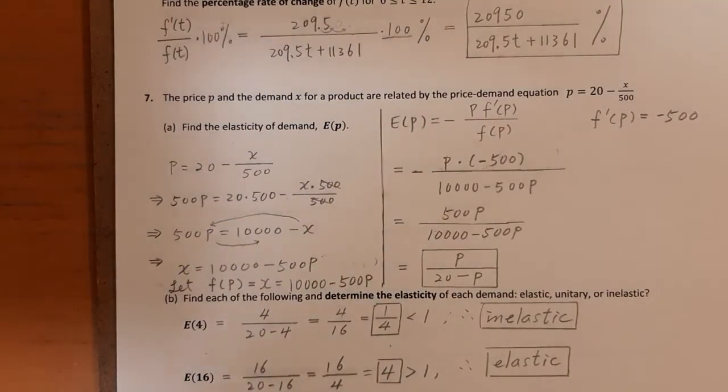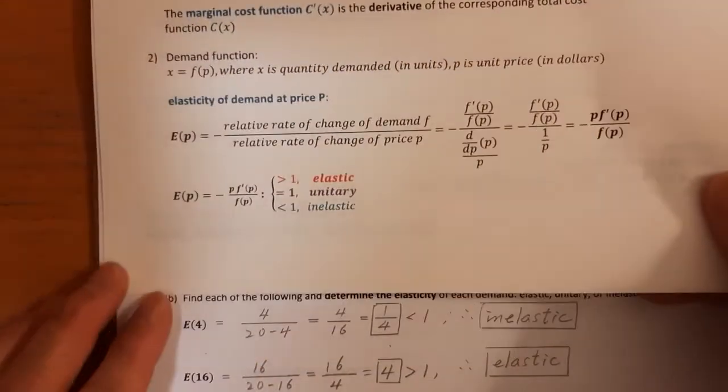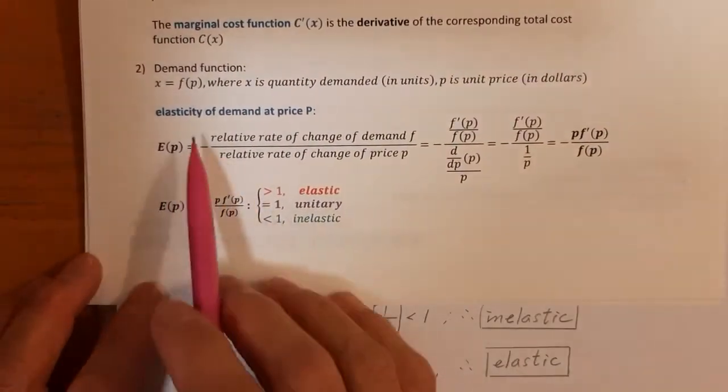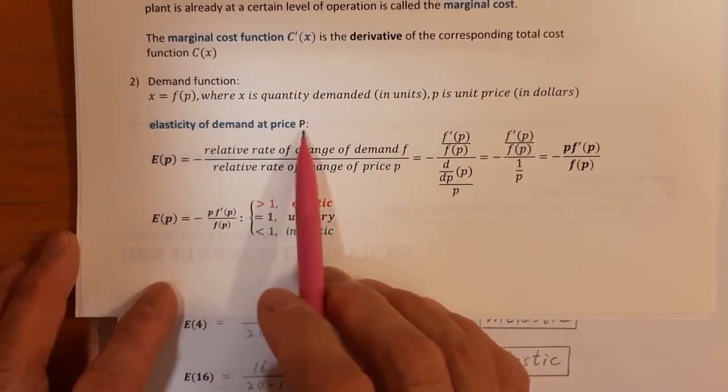E of P definition is elasticity of demand.